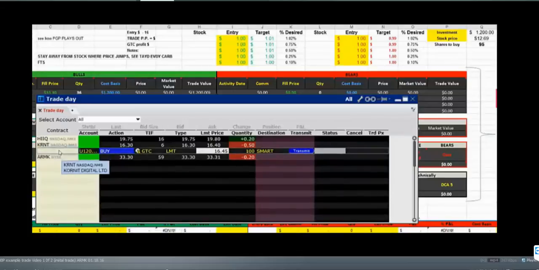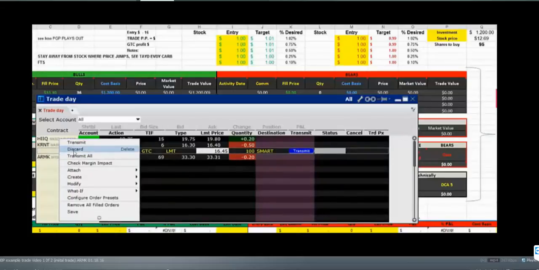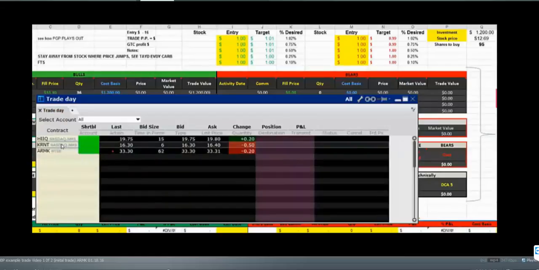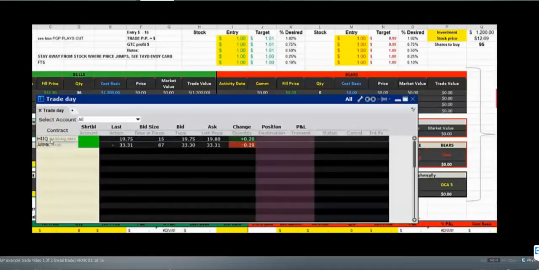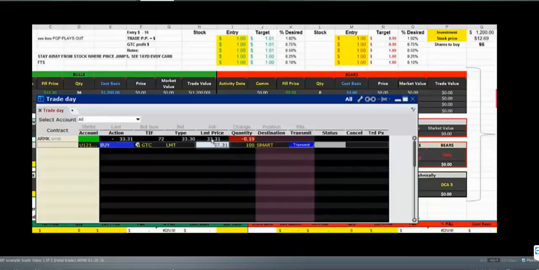This, by the way, we don't need. This we can discard. We don't need these rows in here at all. So then we're going to go long, so we're going to wait till it says buy. Always under the ask is when you're buying. There's our new row to enter in our trade.